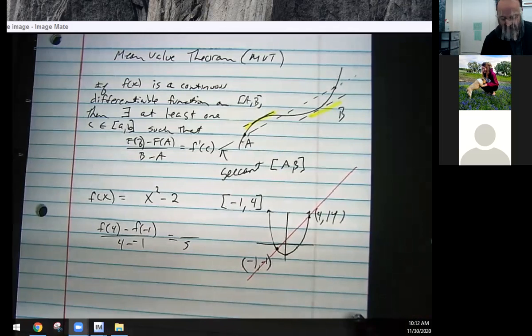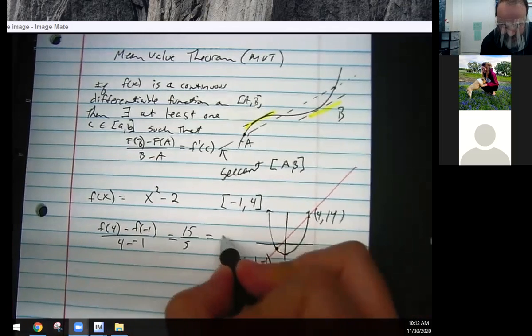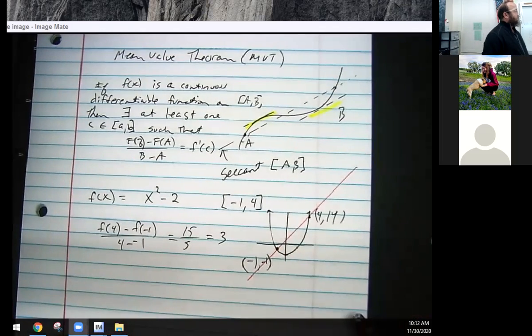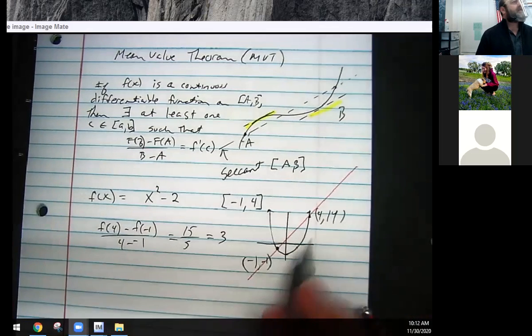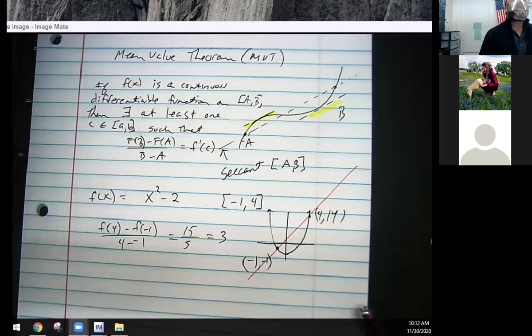Yeah, that's the whole answer. This was 15, right? And so the total answer was 3. Everybody cool with that? So what the mean value theorem says is somewhere the slope of this curve will be identically 3. How would I figure that out?